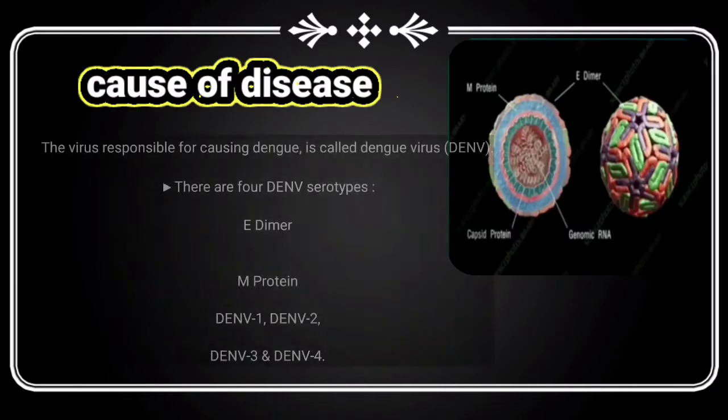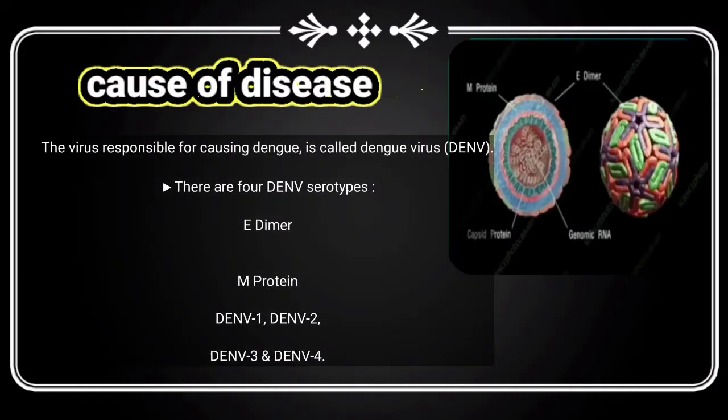Now, moving next to the cause of dengue disease. Dengue is caused by a virus of the Flaviviridae family, and there are four distinct but closely related serotypes of the virus that causes dengue.